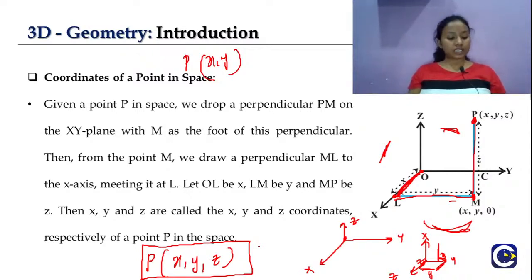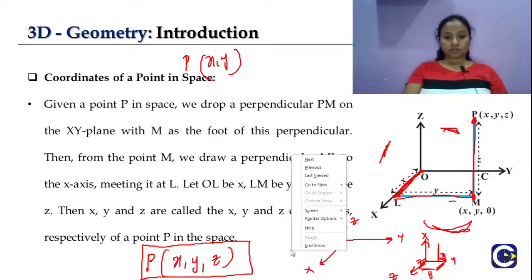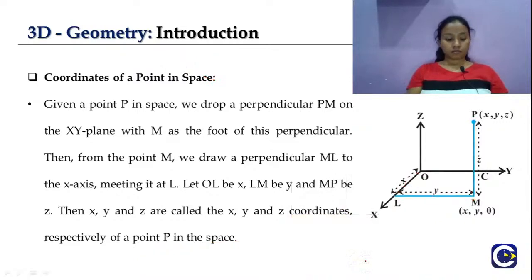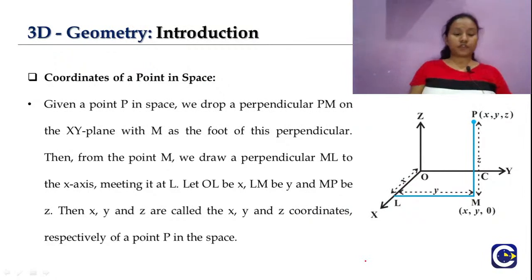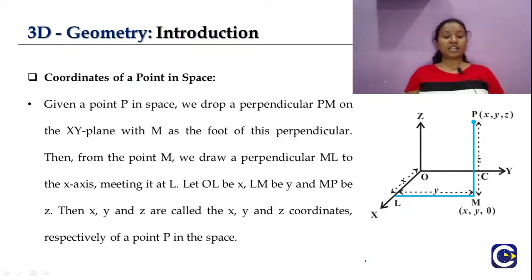You can please quickly let me know. Okay, I hope no doubts so far. So I hope you guys might have understood how to write the coordinates of a point in a 3D space.